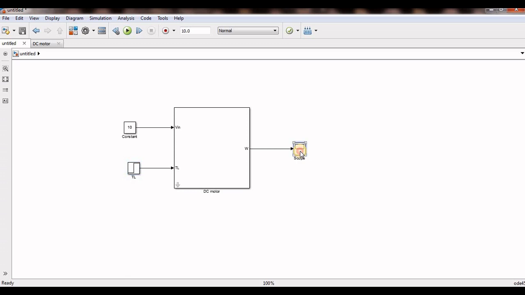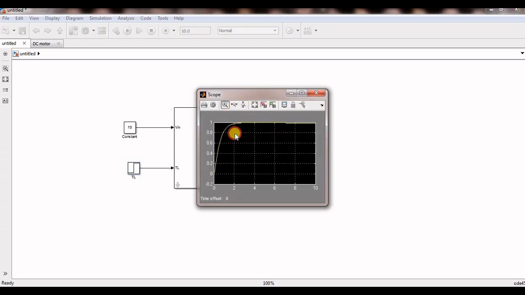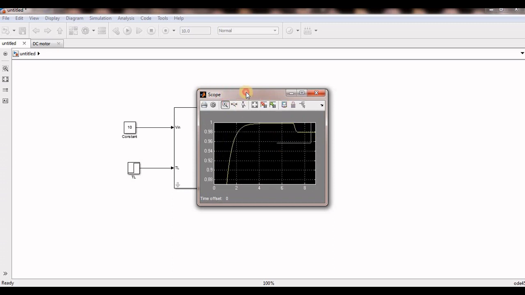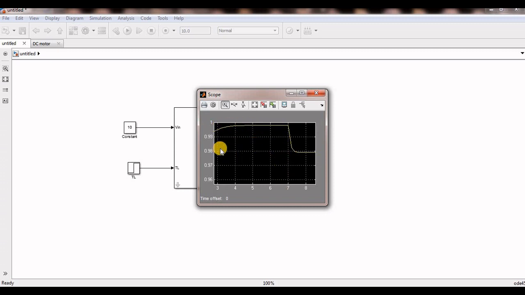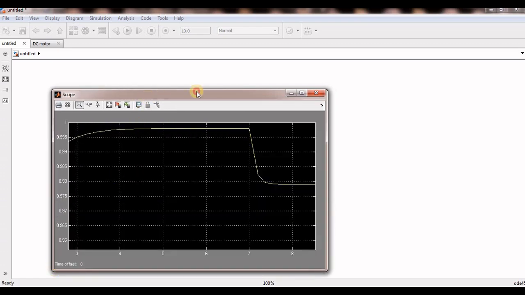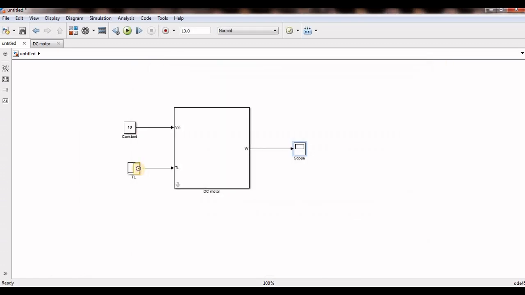See, it is coming to 1, so my speed is reaching 1. But you can see after some time, at exactly 7, my speed is reducing from 1 to 0.98, because at 7 I changed the load.